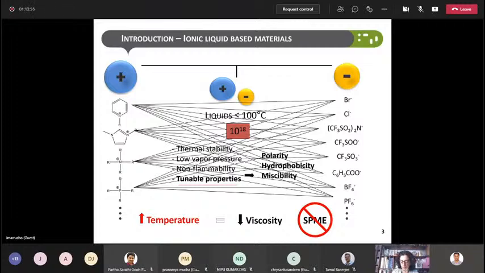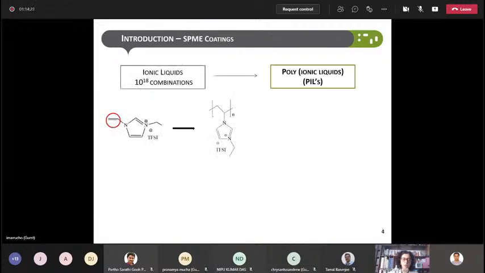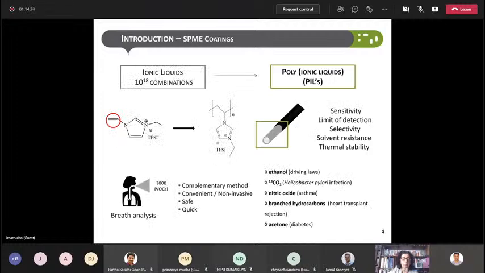What the people realized when they used ionic liquids is that, as I mentioned before, this needs to be desorbed inside of the GC. It is desorbed typically with temperature, and as the temperature increases, the viscosity decreases, and so the ionic liquid will just drip inside of the chromatographic column. And so this was not a good idea. We decided to do polymeric ionic liquids.